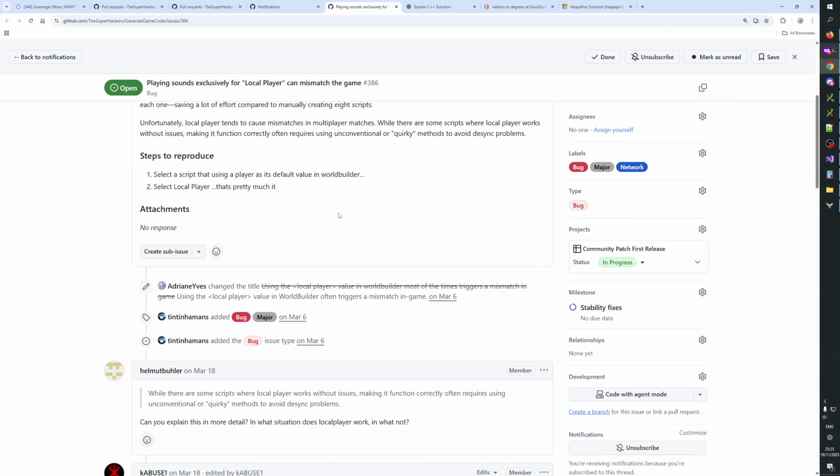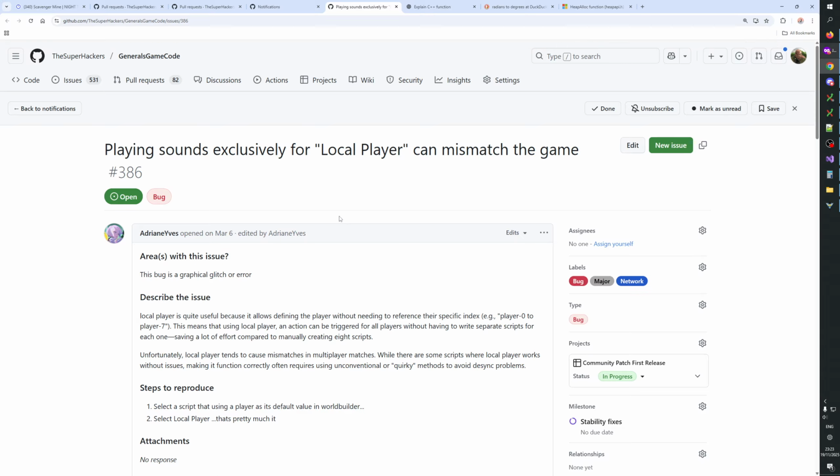User error. Playing sounds exclusively for local player can mismatch the game. Quite useful. Allows to find player without needing to reference players here, without having to write separate scripts.